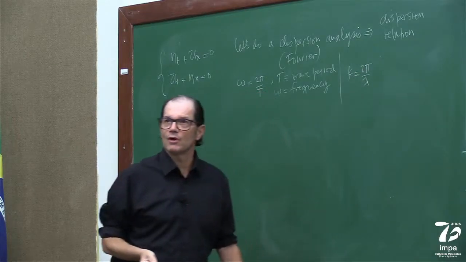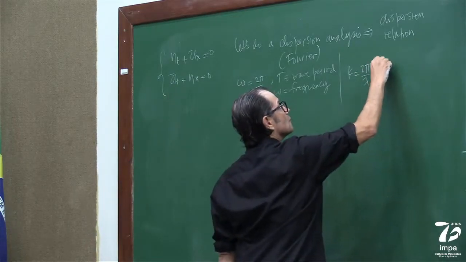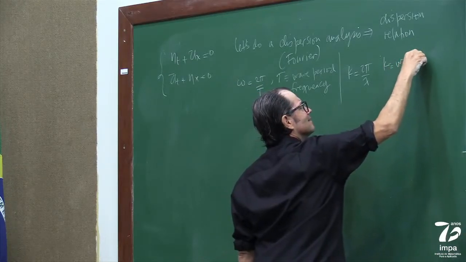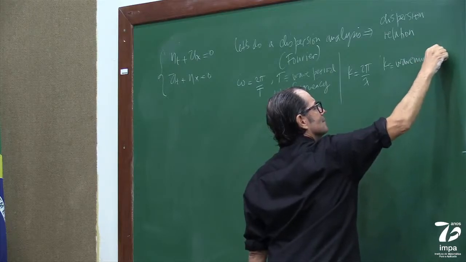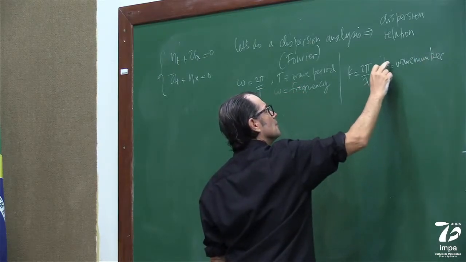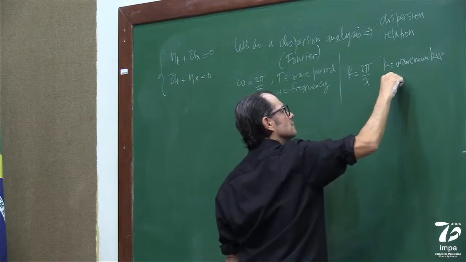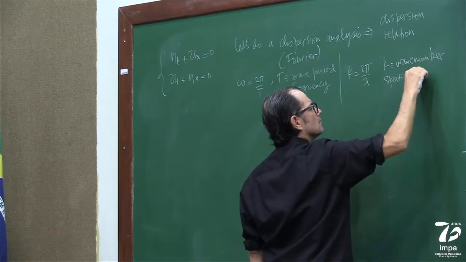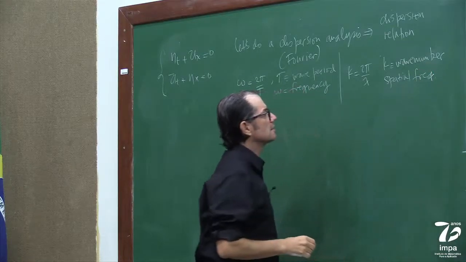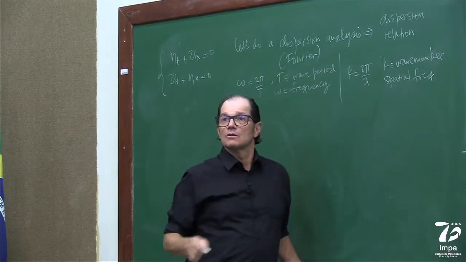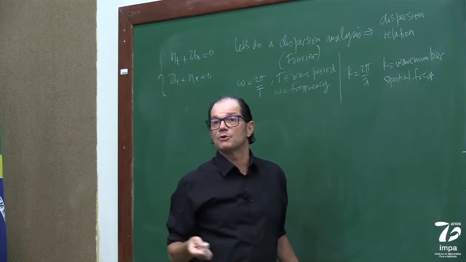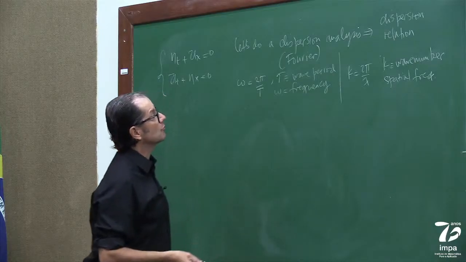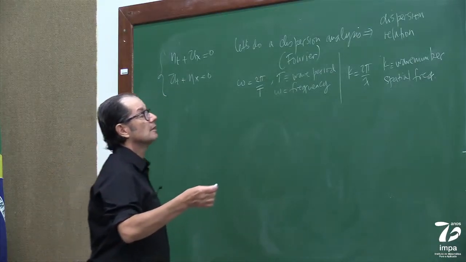Lambda you already know, the wavelength, right? So k is called the wave number, and this is like a spatial frequency, right? So it tells you how many wavelengths you have per 2 pi. Okay? And the dispersion relation is this.